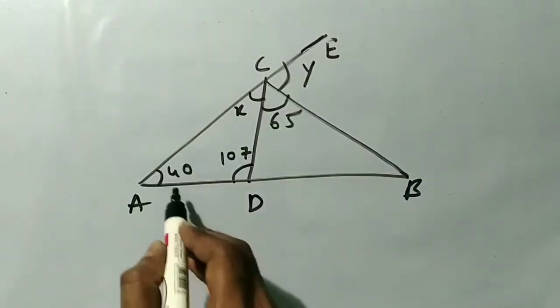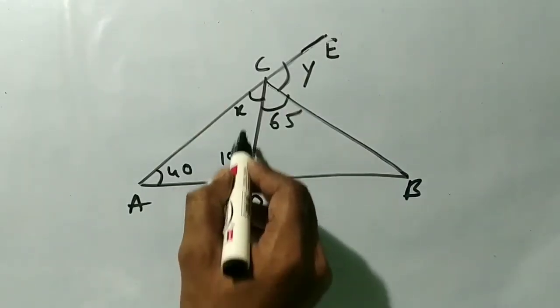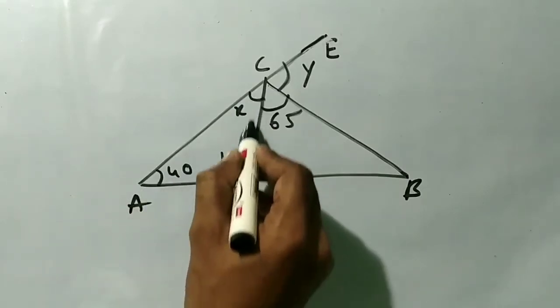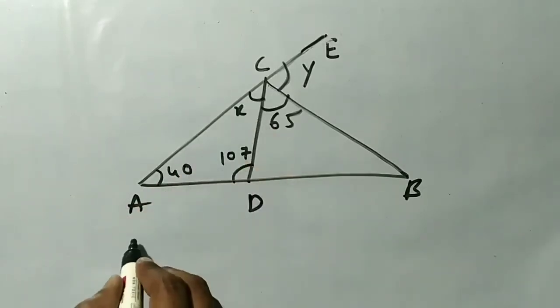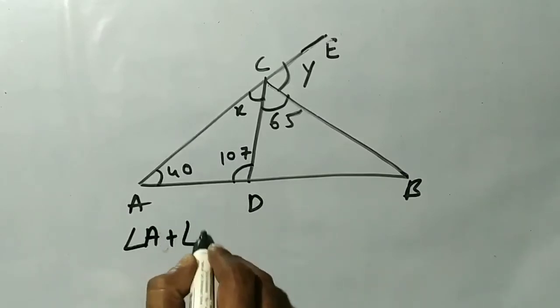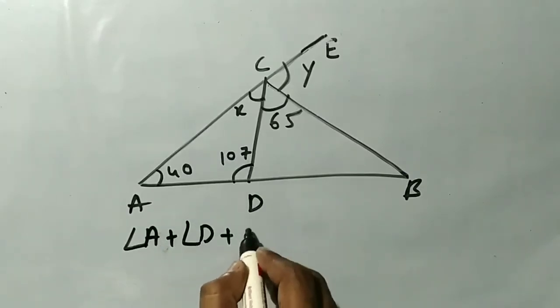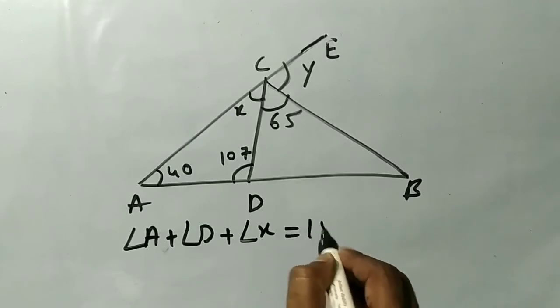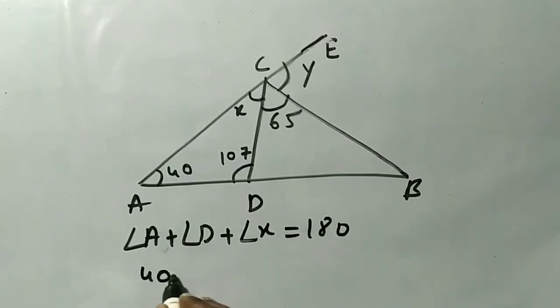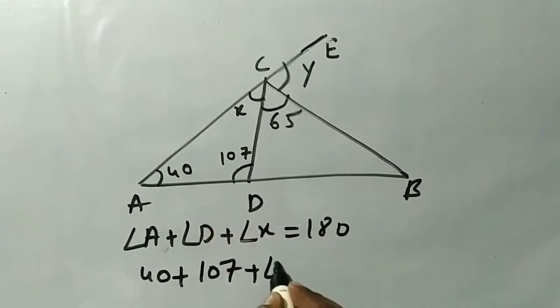Here 40 plus 107 plus x. The summation of these interior angles is equal to 180. So that is angle A plus angle D plus angle x is equal to 180. Angle A is equal to 40, angle D is equal to 107, plus angle x we don't know, is equal to 180.